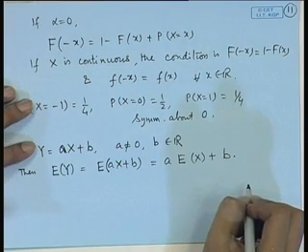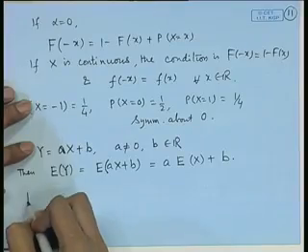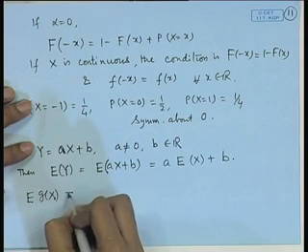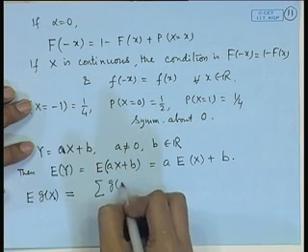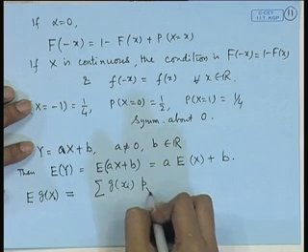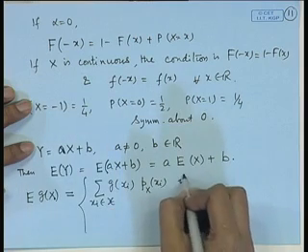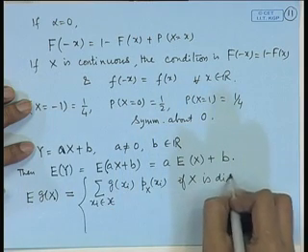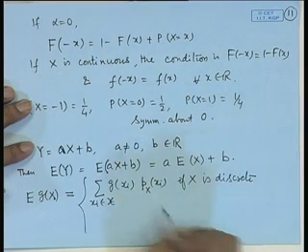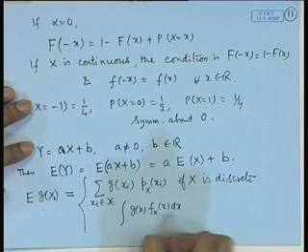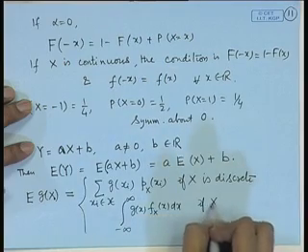In general, we can define the expectation of a function of a random variable also. For example, if I have the expectation of g(X), suppose X is a discrete random variable, then we can define it as the summation of g(x) p(x) if X is discrete, and as the integral of g(x) f(x) dx if X is continuous.